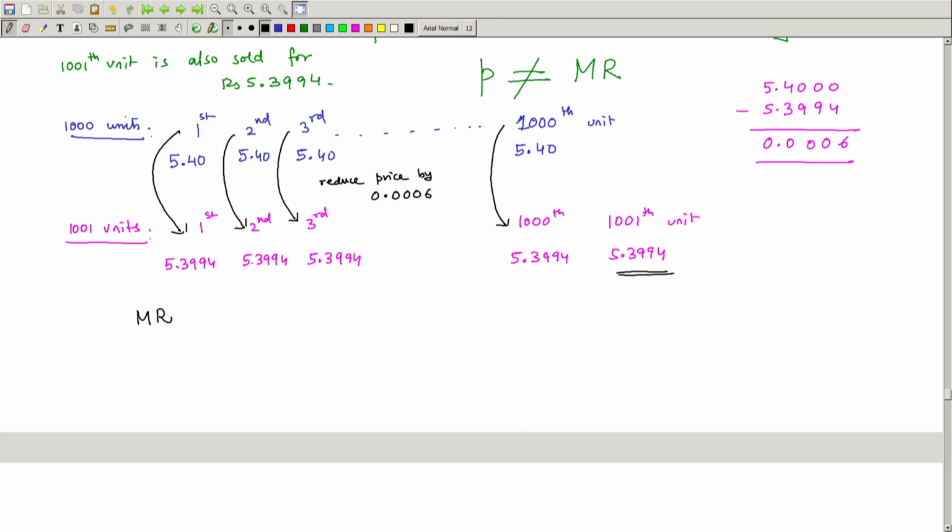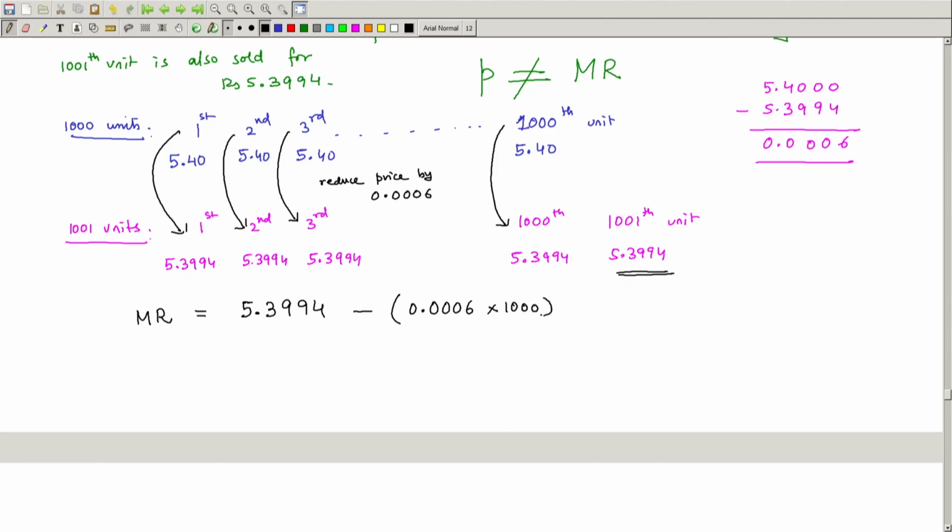So, when I sell the 1001th unit, the marginal revenue, the change in revenue from this additional unit: I am selling it at 5.3994. This is the price for all the 1001 units. So, in particular for the 1001th unit, the price is 5.3994. However, I have lost 0.0006 on every unit from the first unit till the 1000th unit, because I had to lower the price.